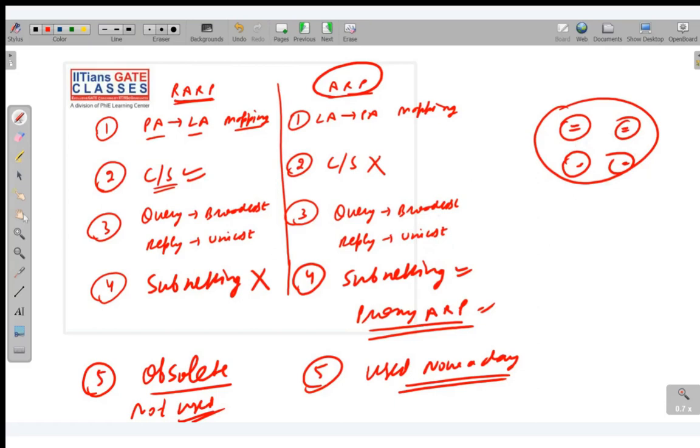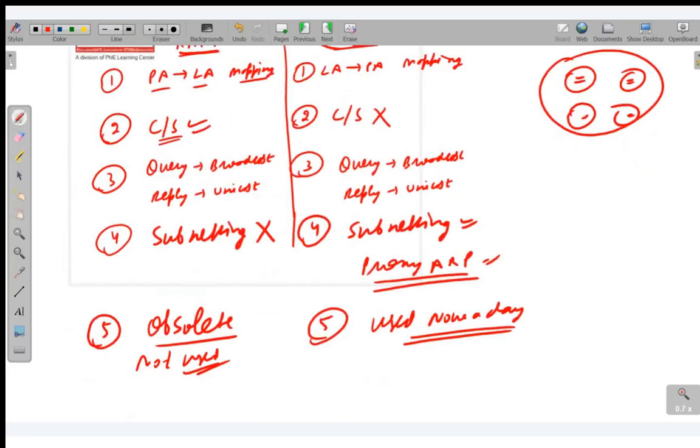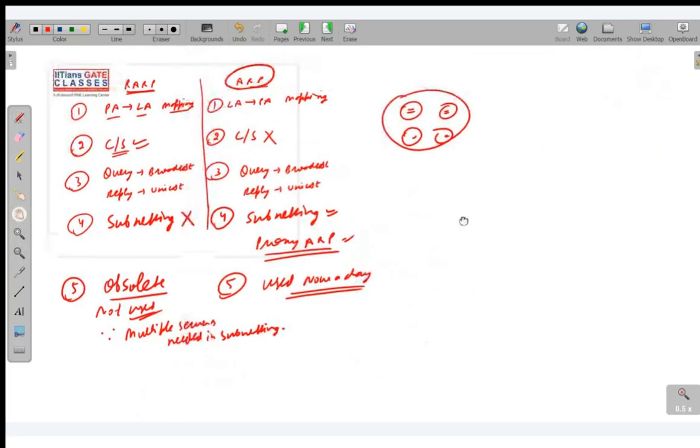So it is not used because it is not economical, or you can say multiple servers are needed in subnetting. Whenever we are going to use subnetting, then we have to use multiple servers. That is the problem. Yeah, you can take the snapshot.